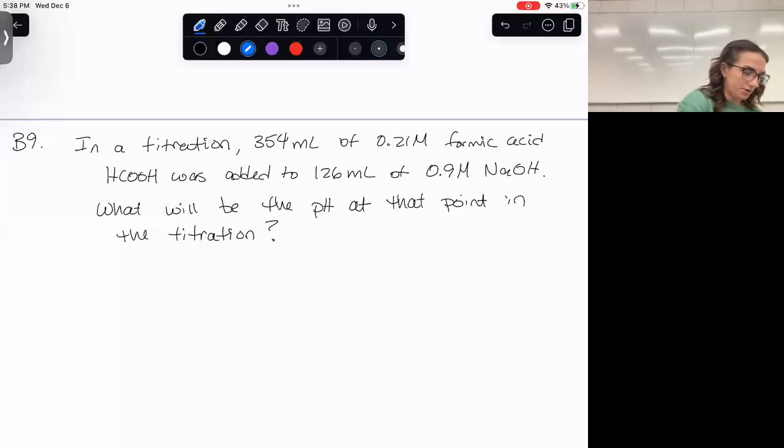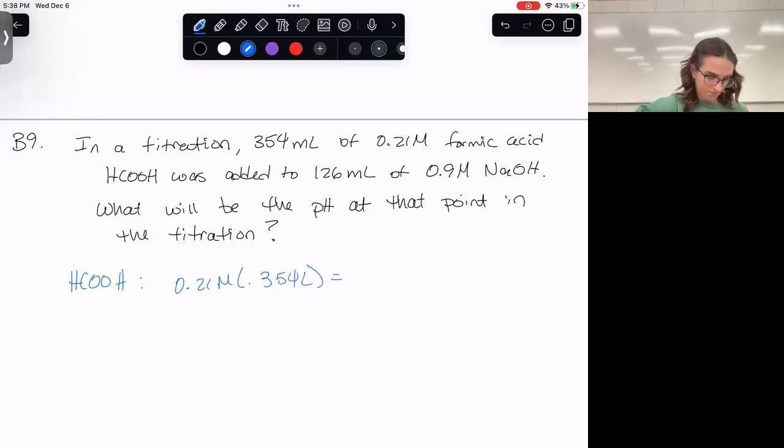For our acid, we have 0.21 molar times 0.354. We end up with 0.07434 moles.